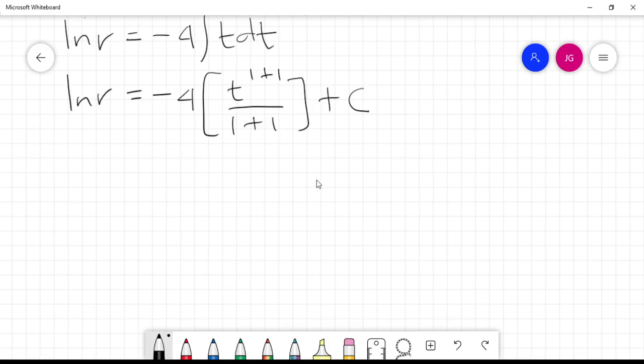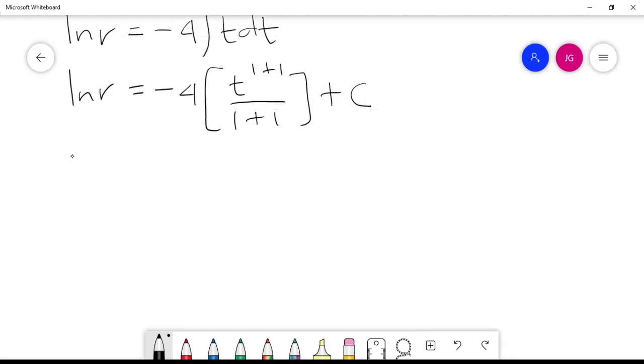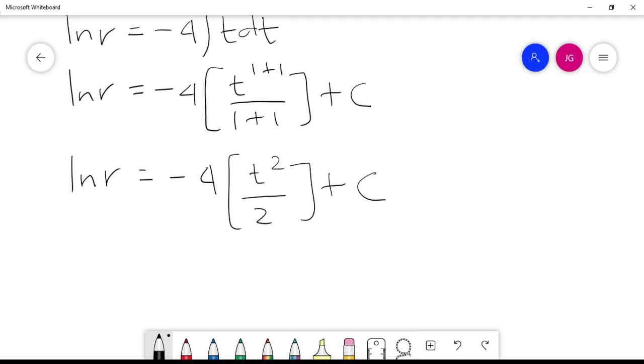Okay, then after this one, kailangan nato i-simplify ato ang right side equation. So negative 4 is t squared over 2, then plus c. Okay, then to simplify the right side, kailangan nato i-cancel.